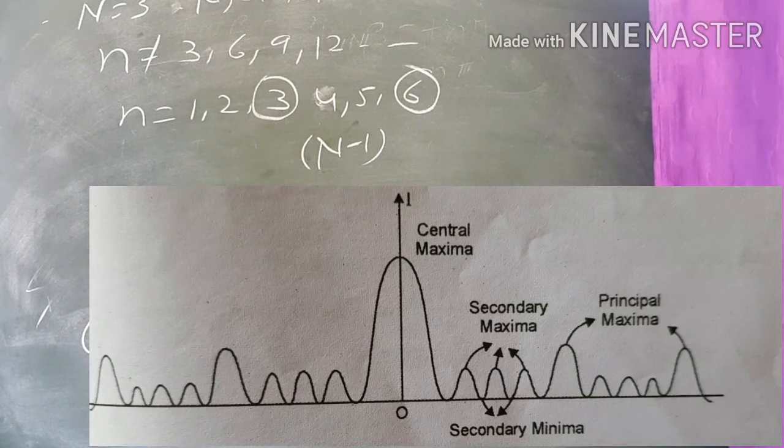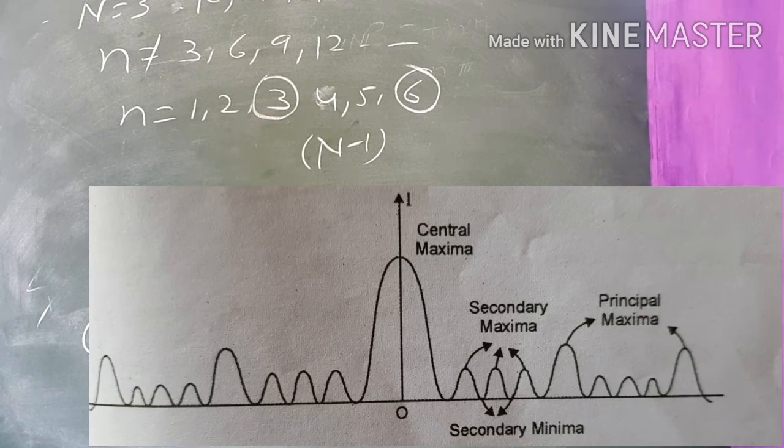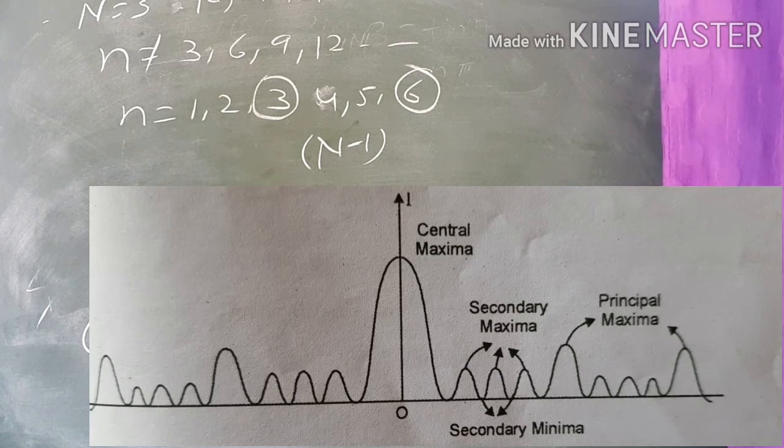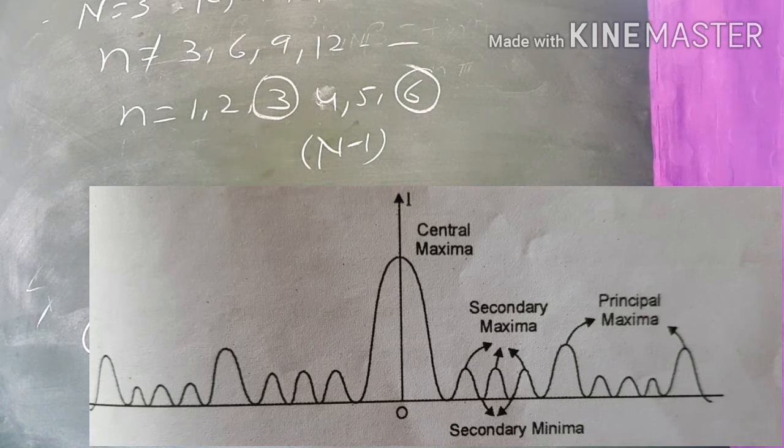So intensity distribution for N slit can be seen in this figure. We can see clearly the central maxima is surrounded by minima. There are N minus 1 minima between two consecutive principal maxima.